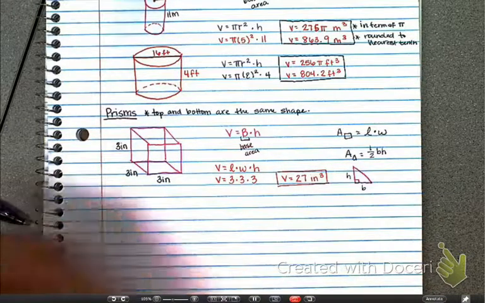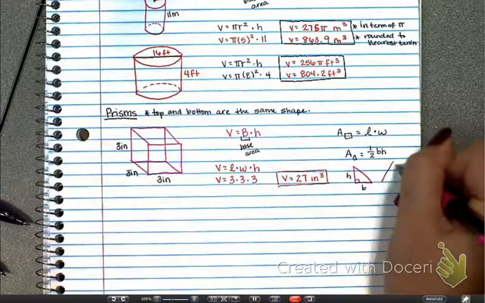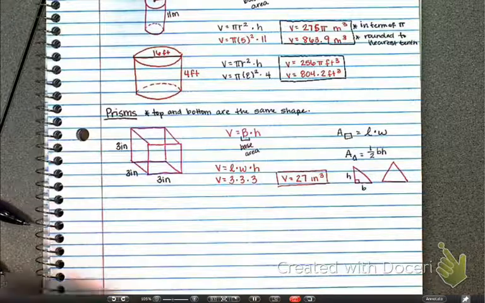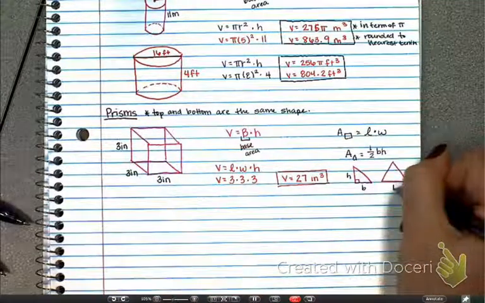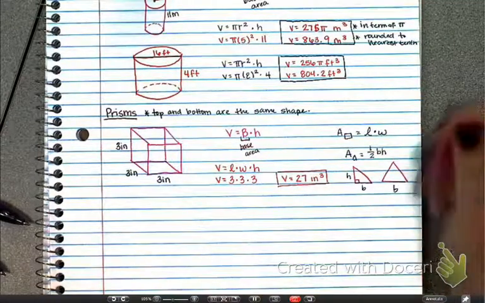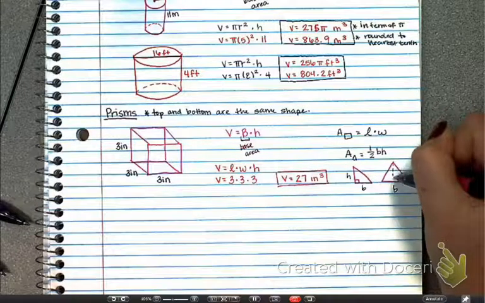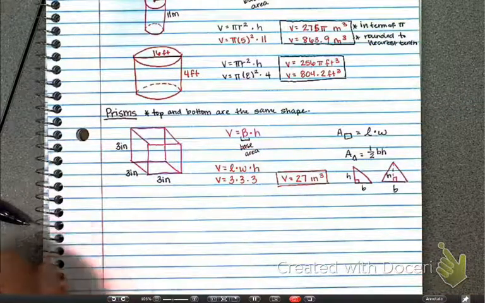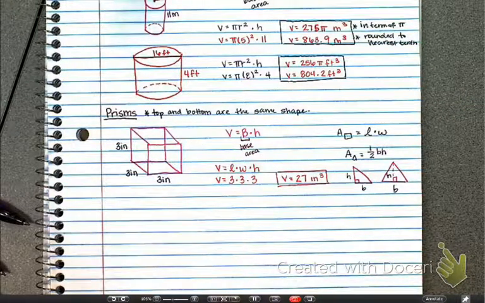We also have triangles like this, where my base is here and my height starts at the top and comes down to my base and creates a 90-degree angle. Does that look familiar? Either way, the base and the height always create a 90-degree angle.